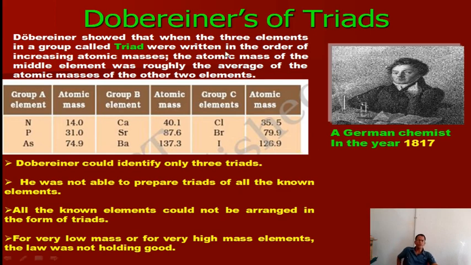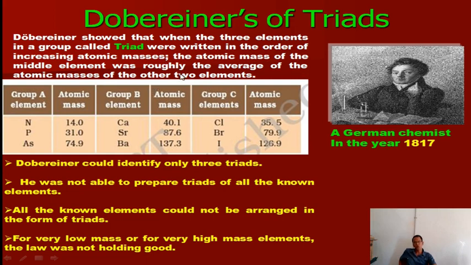First is Döbereiner's triads. Döbereiner was a German chemist in the year 1817. He first attempted to arrange the different elements in a systematic way, and this is called Döbereiner's triads.